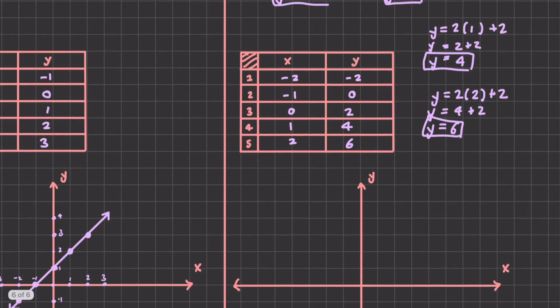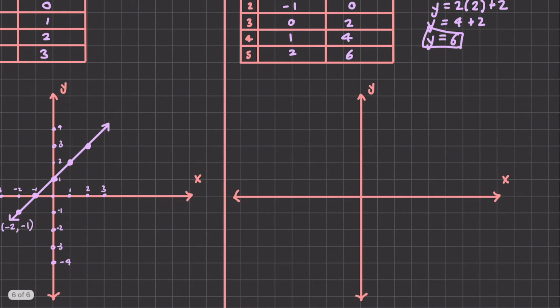All right, so let's write these values down. First, I'm just going to write our values on this graph really quick. Okay, so now let's write down our points. x is equal to negative 2, y is equal to negative 2. Write that point down. x is equal to negative 1, y is equal to 0.